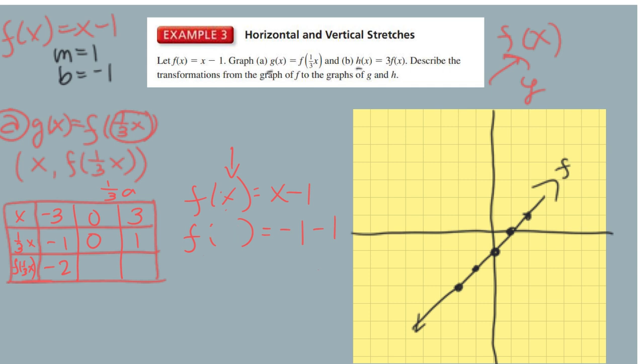Now we have 0. Oops, let me erase that. And 0 minus 1 gives me -1. And then we have 1, correct? Remember, we're doing it based on which ones?